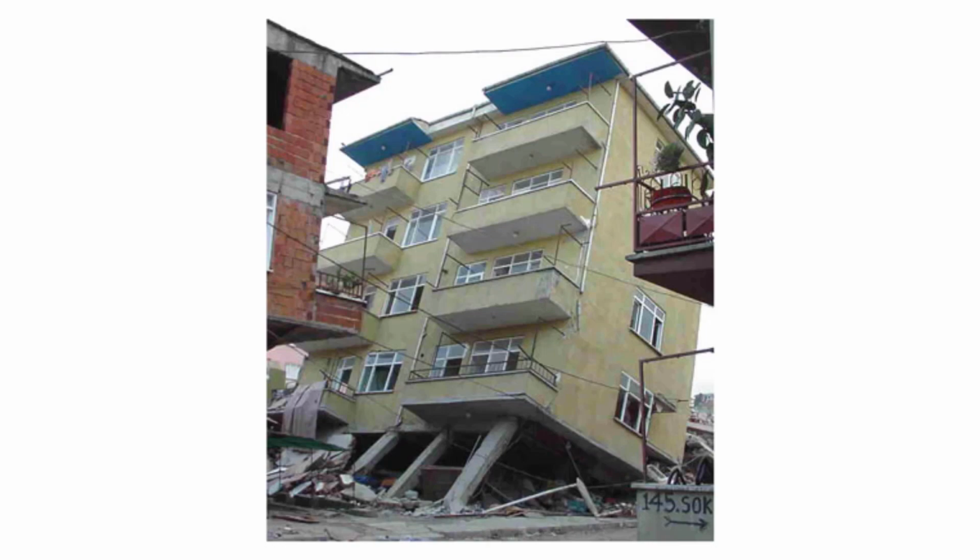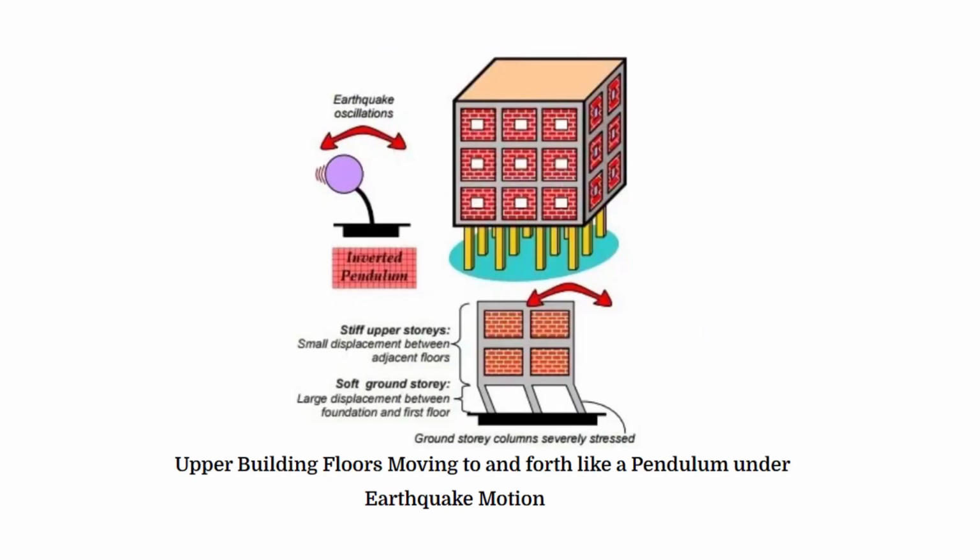The next is the soft and weak stories. Now, this is one of the most common issues with building construction in seismic prone zones. The open story at the ground level, mainly for parking and some other reasons, is very dangerous to the overall building vertical stiffness regularity, especially if these conditions are not properly considered during analysis and design.